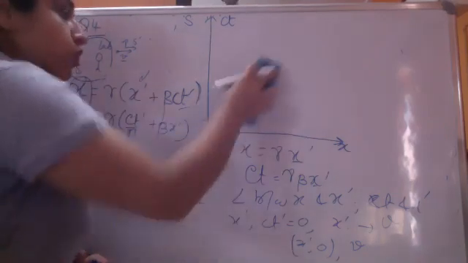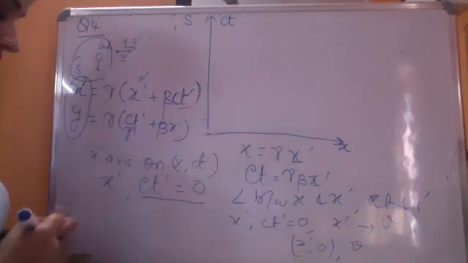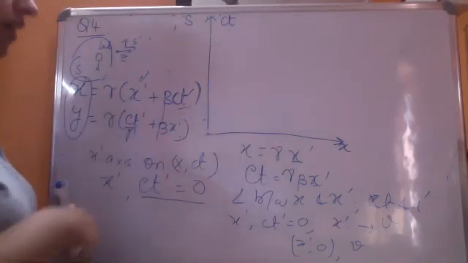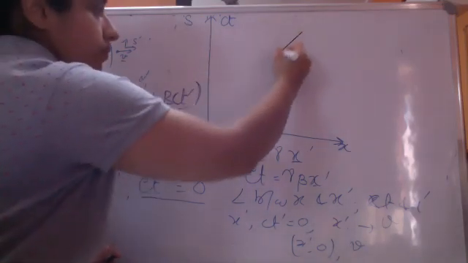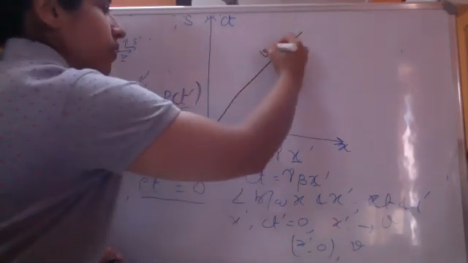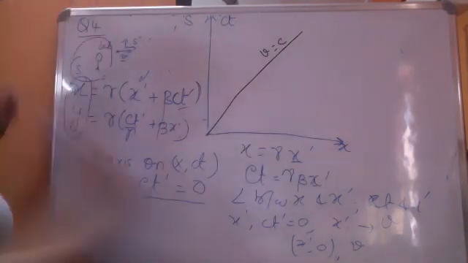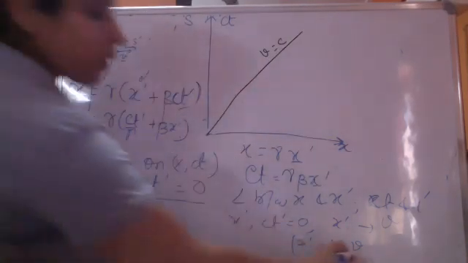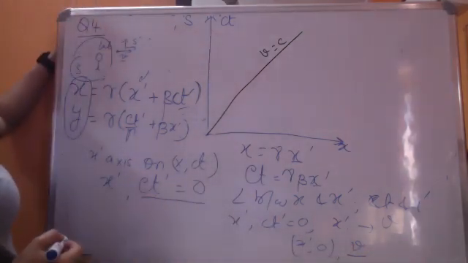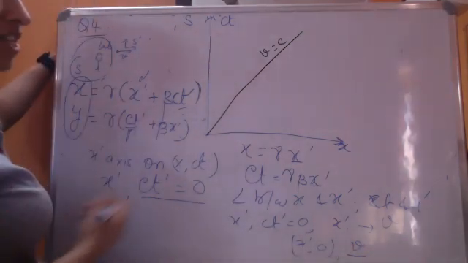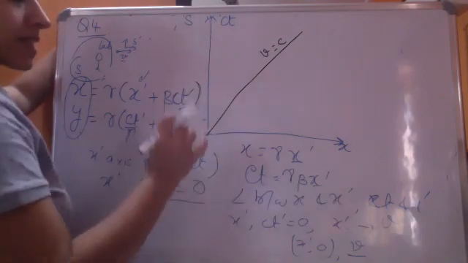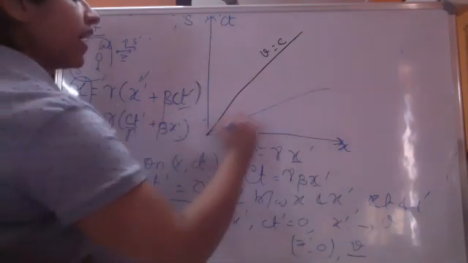Let's draw this v equal to c line in xct diagram with some other color. Now x prime could be any line. It's a straight line because it represents rectilinear motion of S prime frame of reference with respect to S. So it could be any straight line, anywhere.